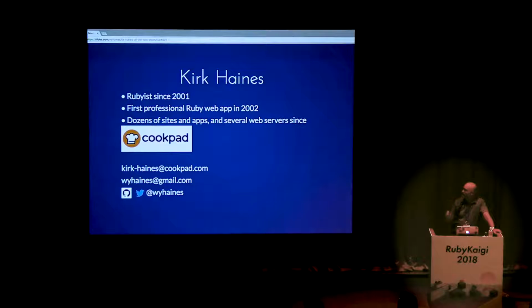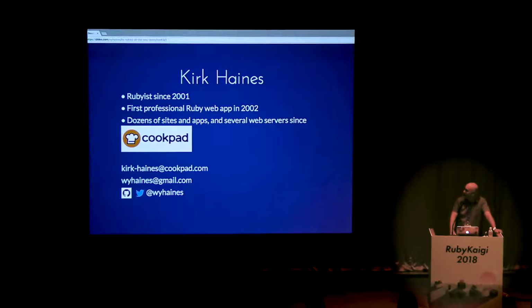Since then, I've done dozens of sites and apps and multiple web servers and similar sorts of things. I work for CookPad these days, and you can reach me. I'm yhaines pretty much anywhere, and kirkhaines at cookpad.com or yhaines at gmail.com. Any of those will get me.